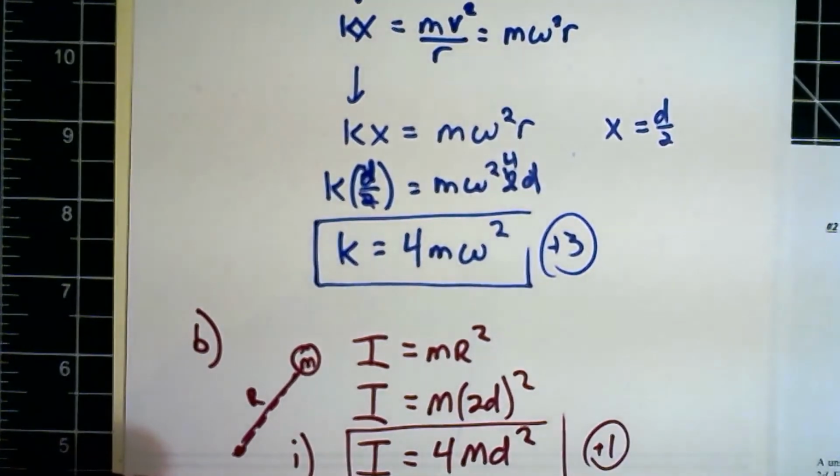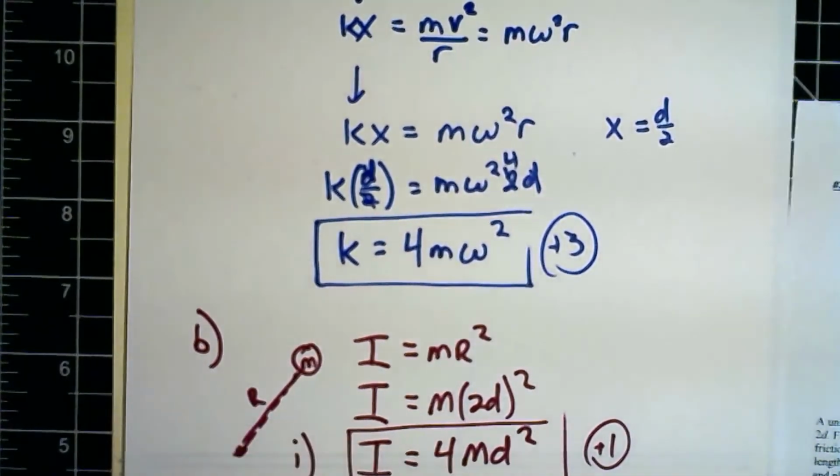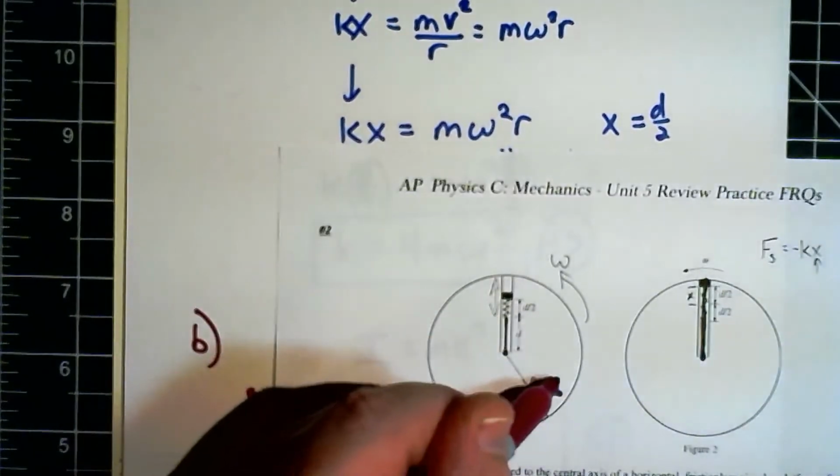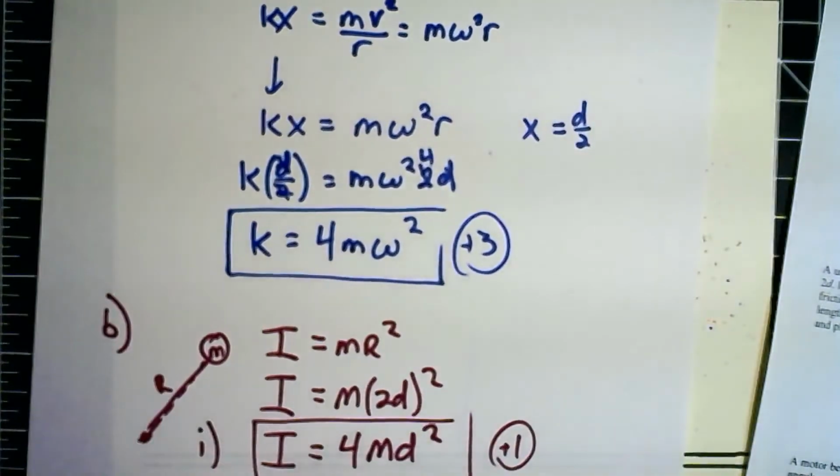For the platform, it is 1/2 mr squared, but the m in this case is 5m, that's the mass of the platform, times the radius of the platform, well, that's 2d. So 2d squared. And then for the rod, it's 1/3 m of the rod, which I guess was 3m, so 3m times the length of the rod, which was d squared.